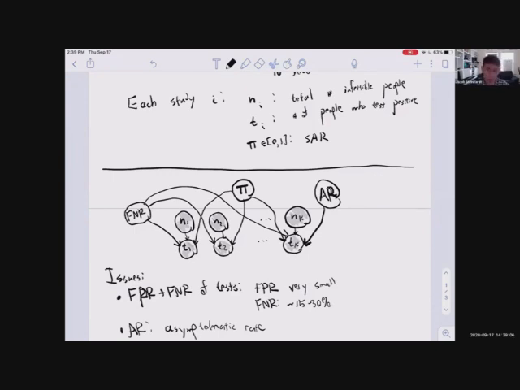Maybe in another place, household sizes are bigger, so that could make things higher or lower. So we actually don't want to have this single pi. What we want is a different pi for every single study.